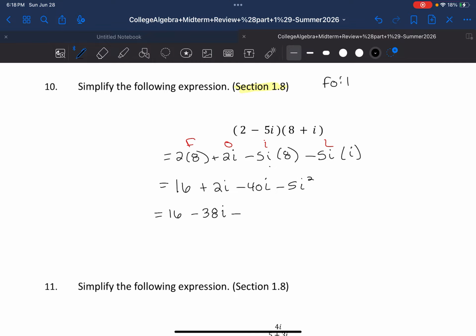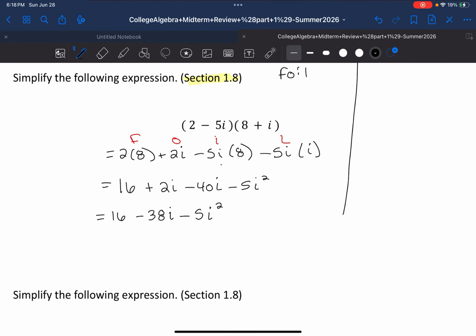Bring everything else down. And then another thing about complex numbers, and you can write this on your flashcard for the exam, is that you need to be aware what i squared is equal to. So first of all, the definition of i, an imaginary number, is the square root of negative 1.